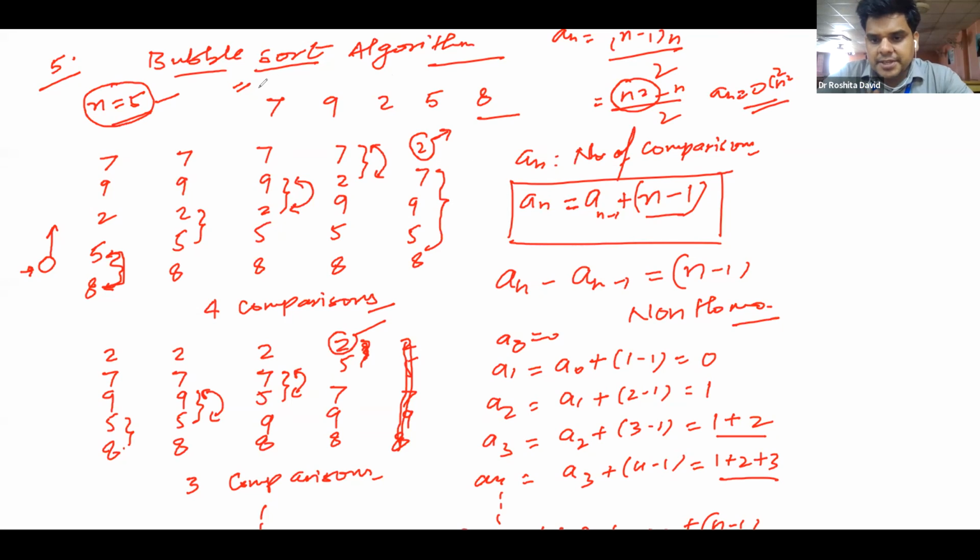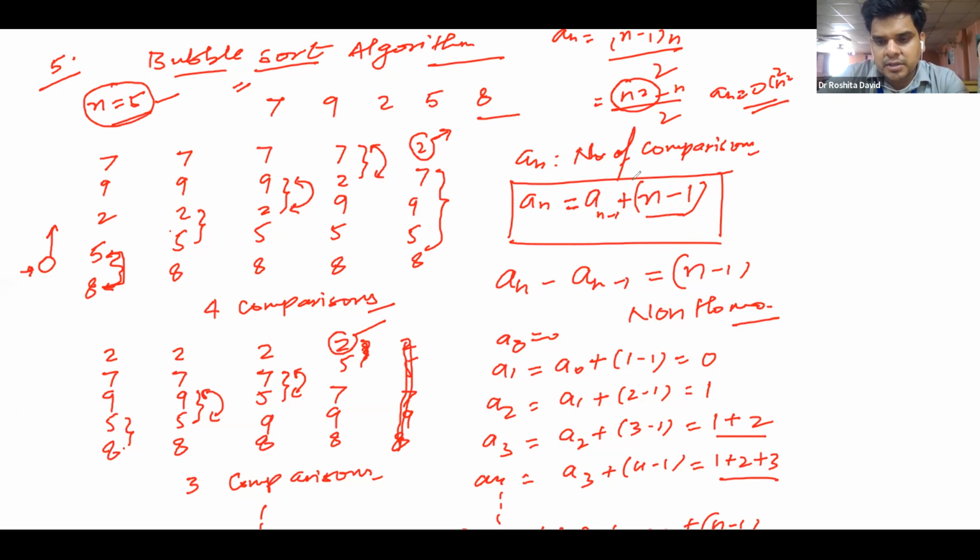Any doubt in this example? I want conversation, 5 minutes left only. Any doubt? First, I did bubble sort. I have given one example having 5 elements. I start from the bottom and then I try to make that smallest number go up. And according to this example, I have created this recurrence relation.